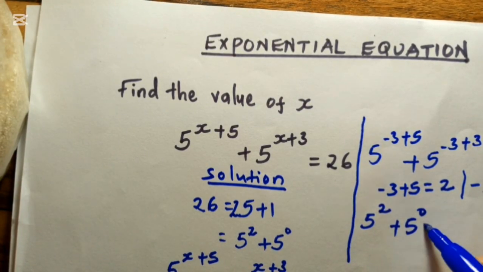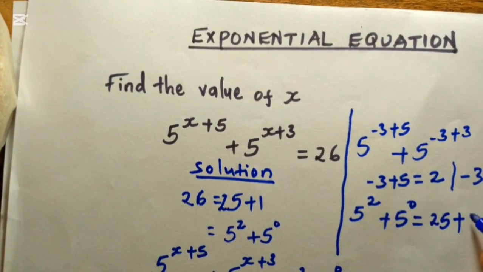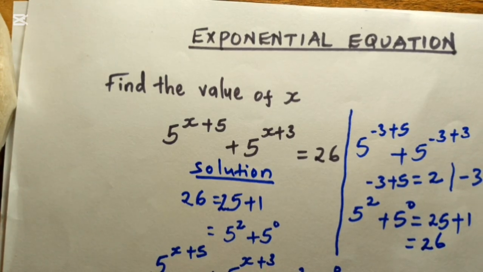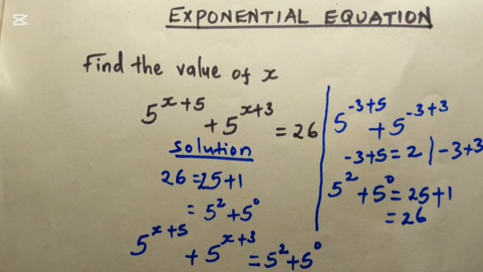This is the same as 5 power 2, which is 25, plus 5 power 0, which is 1, and therefore this is equal to 25 plus 1, which is 26. So we can confidently say the value of x is negative 3, because it has proved that 5 power x plus 5, plus 5 power x plus 3, is equal to 26.